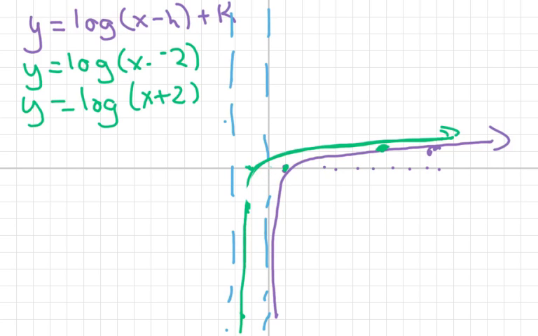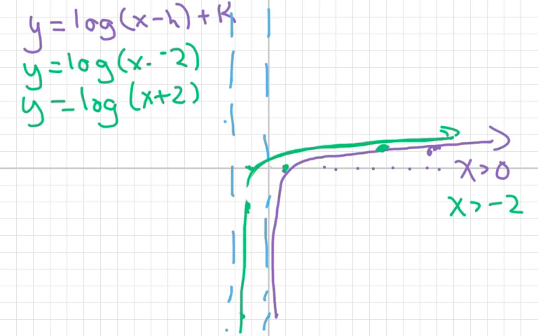All right, now the thing that changed here was the domain, because we're doing a horizontal shift. Remember, the domain of the original was x has to be greater than 0. Now for the new domain, it's going to be x is greater than negative 2, because we shifted this to the left.